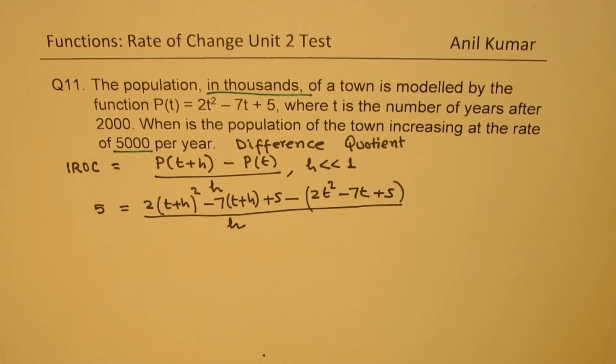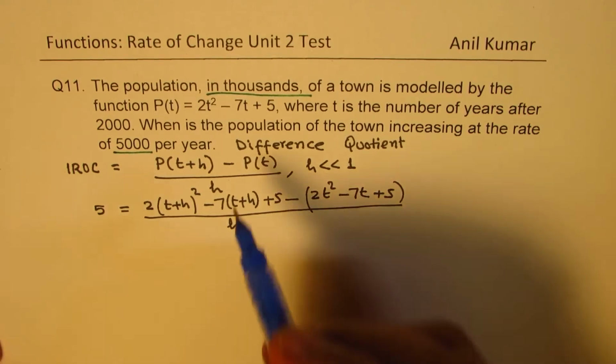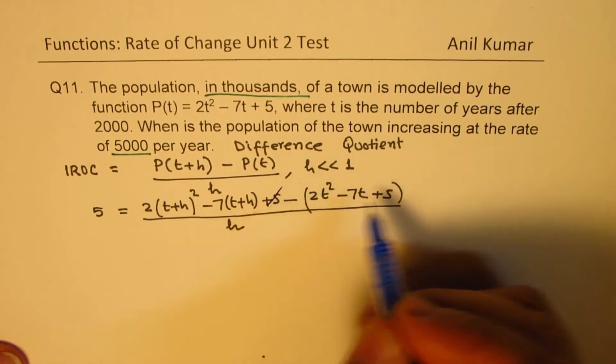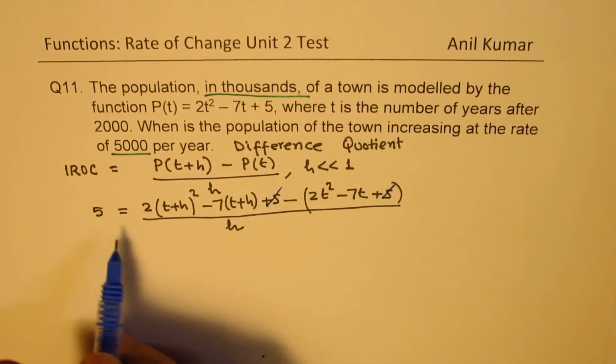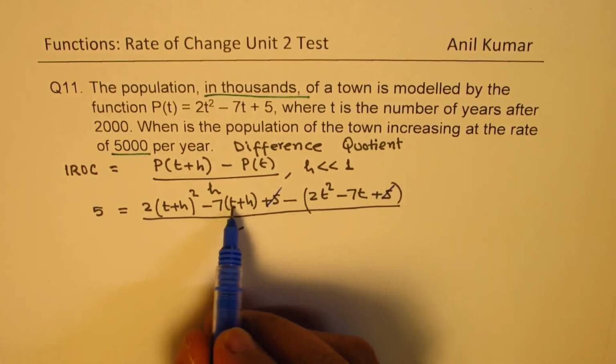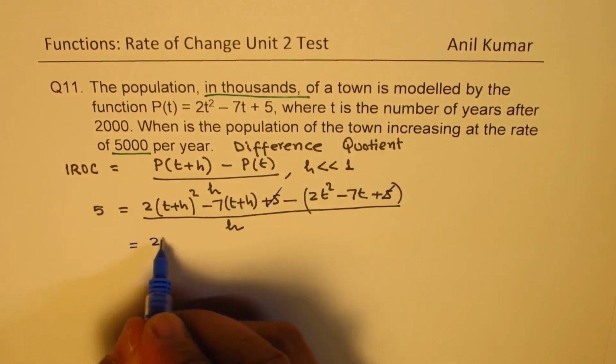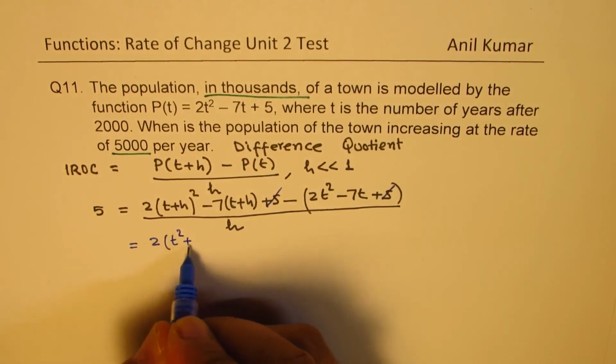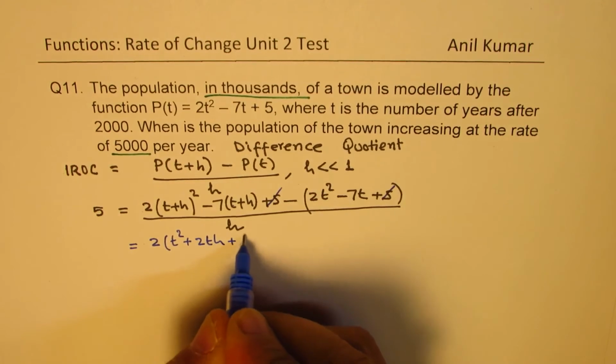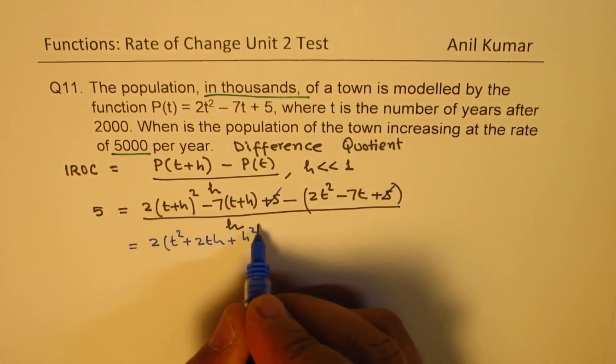So let's write down the expansion and then work it out. Well, you'll notice that this 5 and 5 will cancel. Let's first expand, right? So we get 2 times t squared plus 2th plus h squared. That's what we get from the first term.